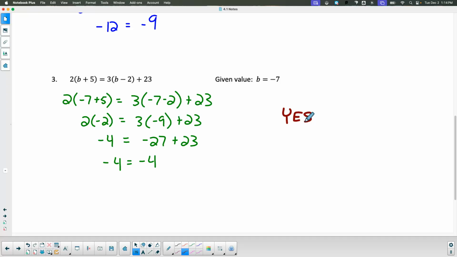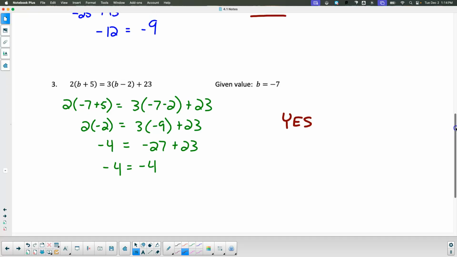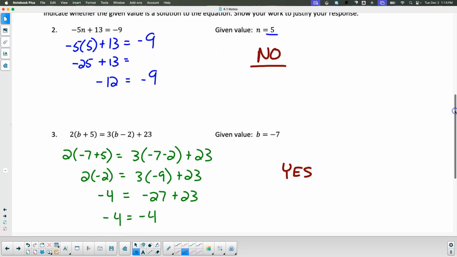An alternative method to doing both of those problems is we could have just simply solved them for the value. So for instance, we could have gone negative 5n plus 13 equals negative 9. And I could have said, well, we need to subtract 13 from both sides. That makes this go away. That gives me negative 5n equals negative 22.